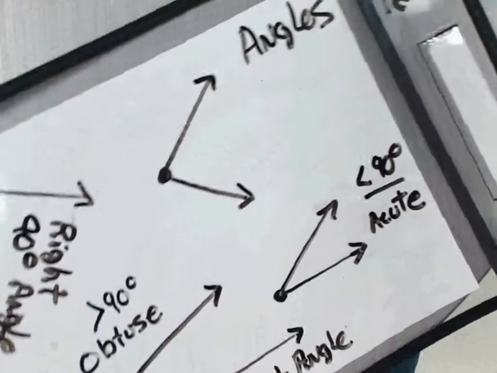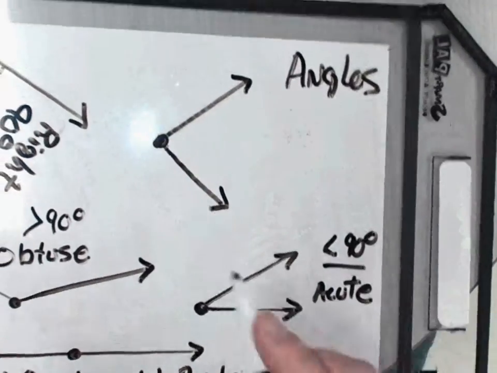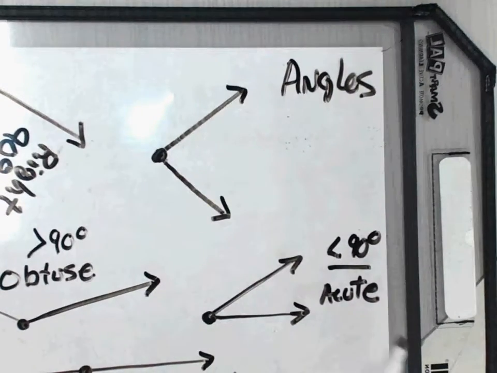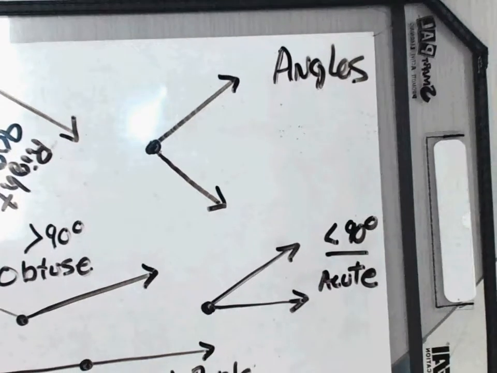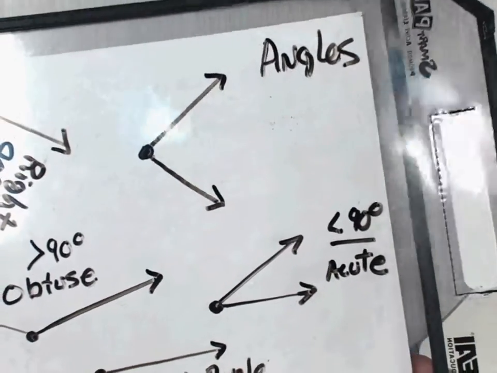Okay, now this one up here is kind of tricky because if you look at it this way, it appears to be a right angle. But with a little more investigating and turning the page, that's why I always tell my students to turn the page.